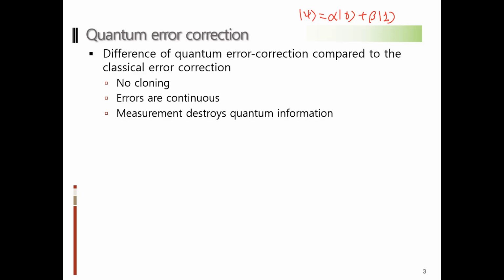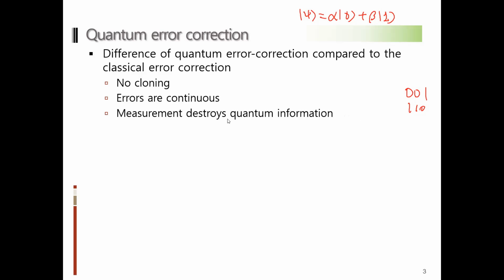What we had to do is measure each of the bits so that we know whether it was 001 or 110 or whatever value. And only when we figure out the value of each bit can we properly correct the received information.